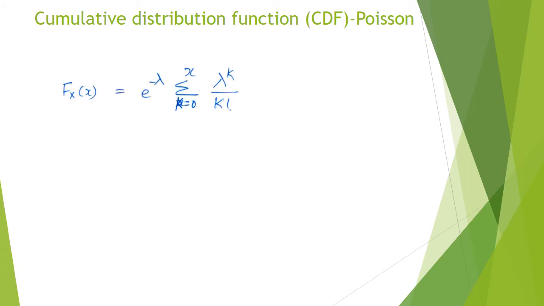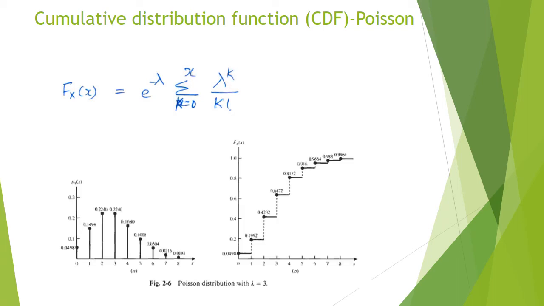So we have to find the CDF. CDF is simple. F_X(x) is equal to, since e raised to minus lambda does not contain any x term, we only have to sum k from 0 to x of lambda raised to k divided by k factorial. Instead of x here I am using k because x is used already. The graph for lambda equal to 3 is shown like this.